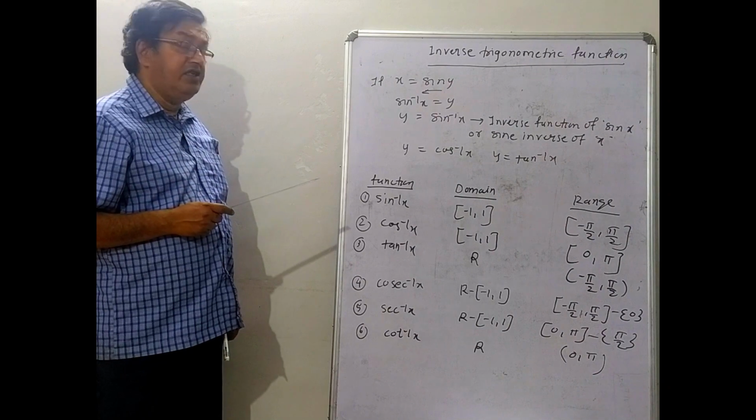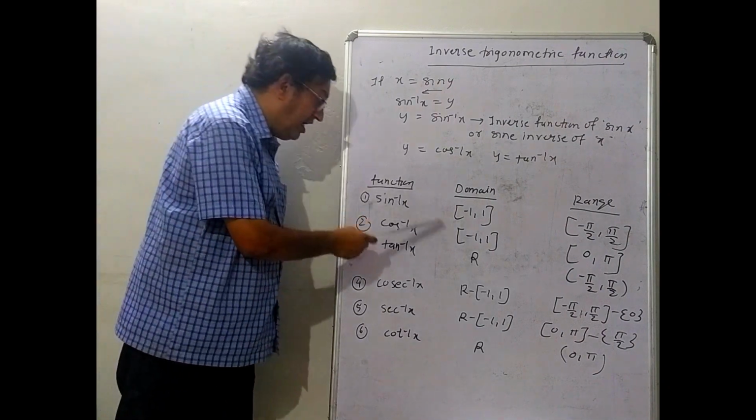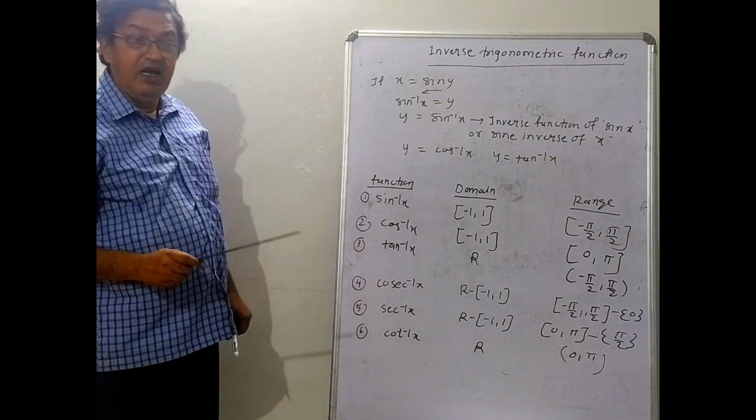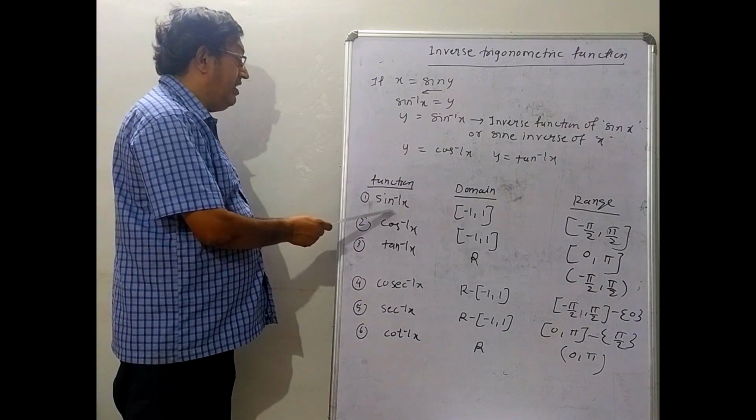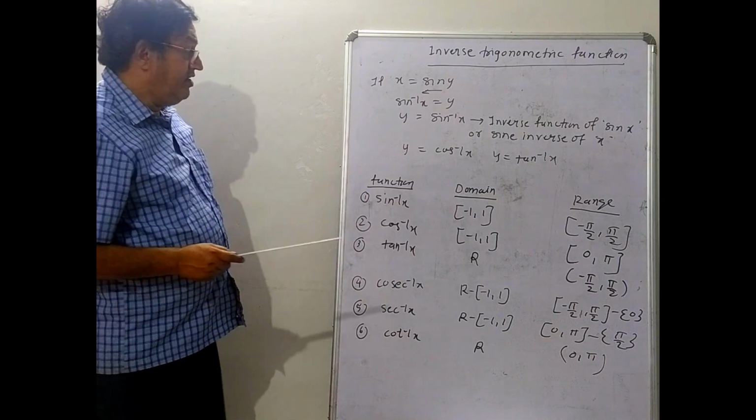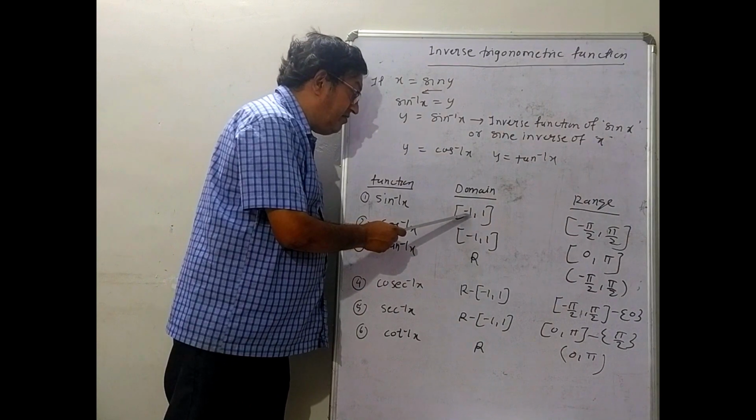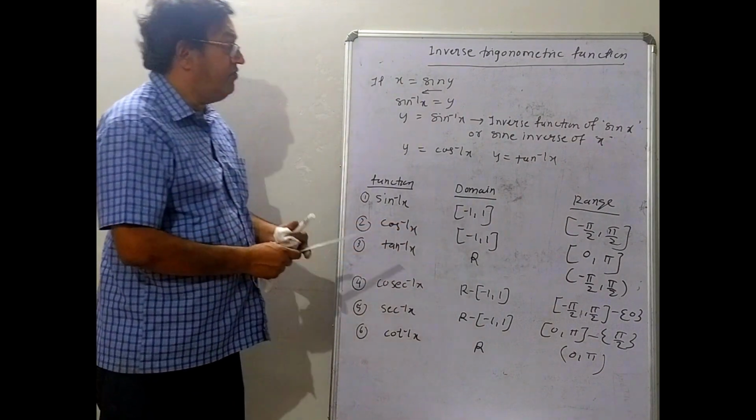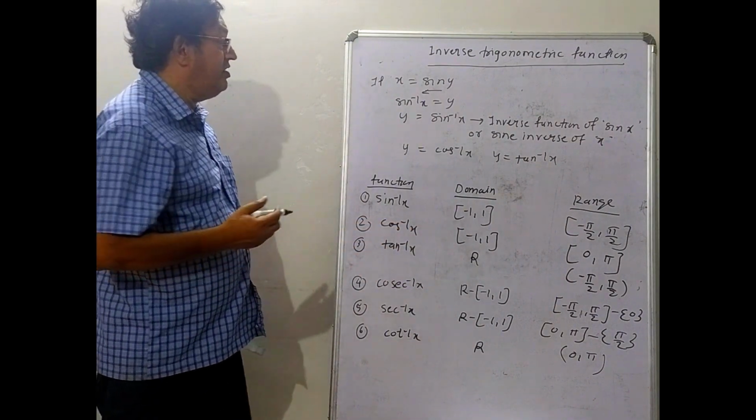So based on your first year trigonometry, I have prepared a chart here. I am going to explain this chart. Now the first function is sine inverse of x. The domain for sine inverse of x is the closed interval minus 1 to plus 1. What do you mean by closed interval?